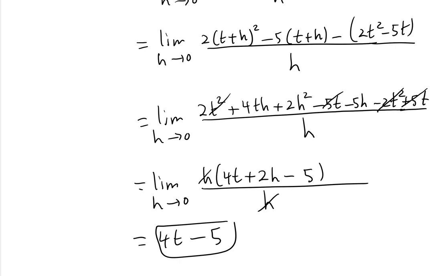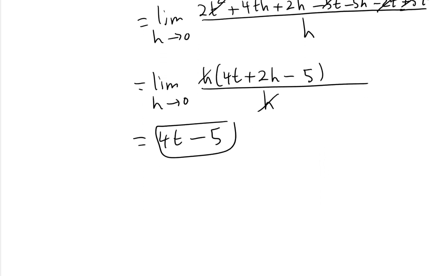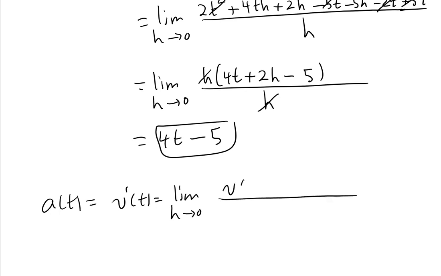So this is only the velocity, but we need to find the acceleration. Now the acceleration is the derivative of the velocity. So it's the limit as h goes to 0 of v of t plus h minus v of t all over h.